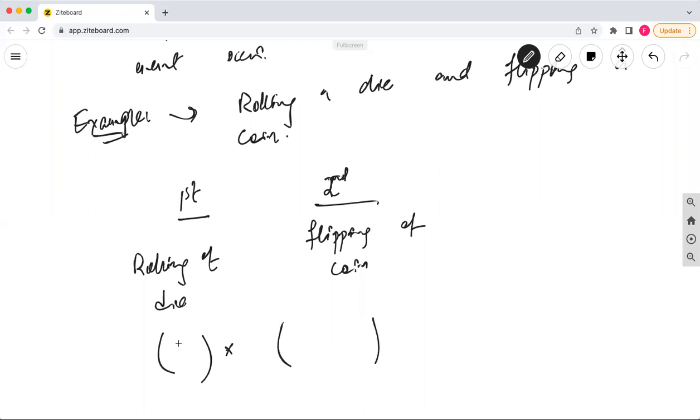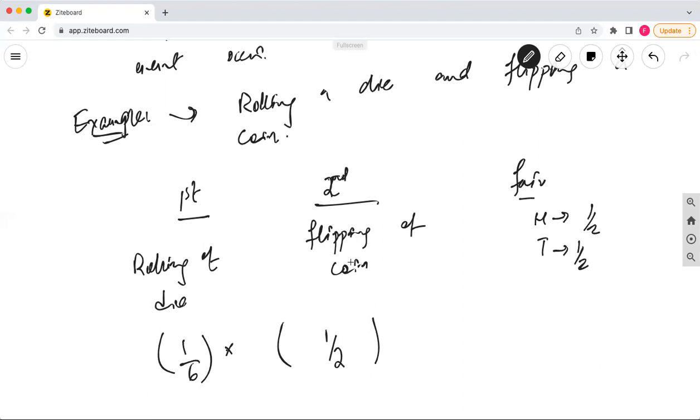For example, if we get 1, the probability will be 1 by 6, and if this is a fair coin, for head the probability will be 1 by 2, and for tail the probability will be 1 by 2. So if we get head, its occurrence is not affected by the other. This is the concept of independent events, in which the occurrence of one event does not affect the occurrence of the other event.